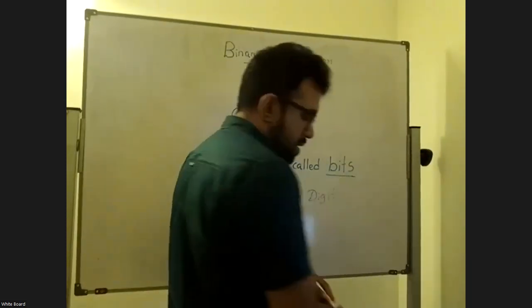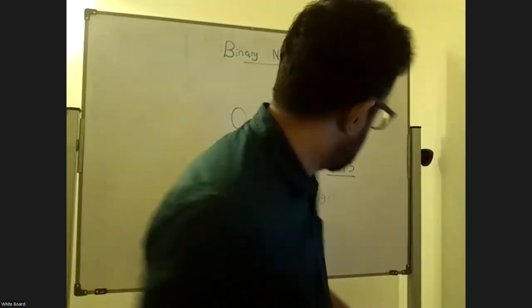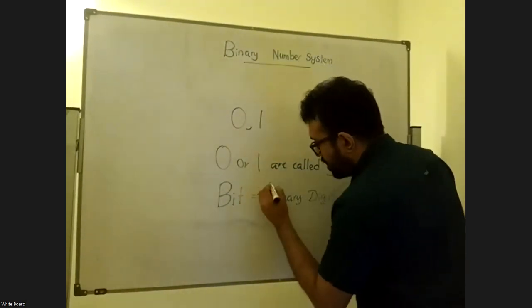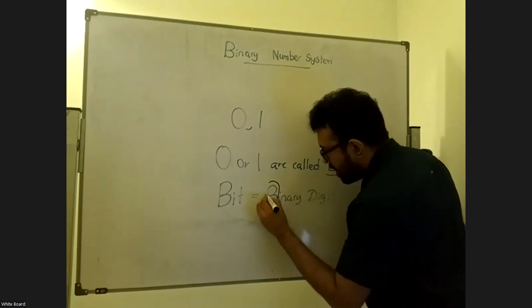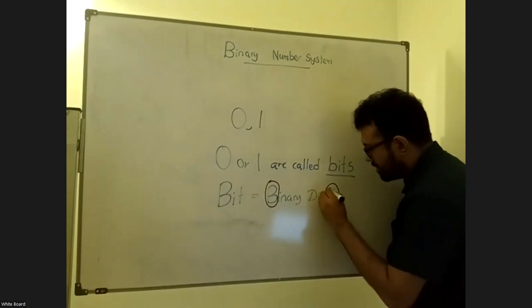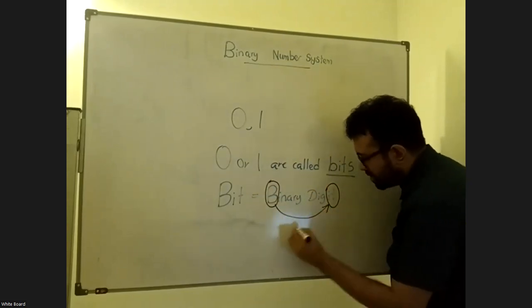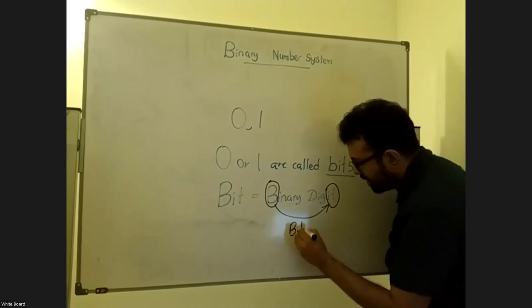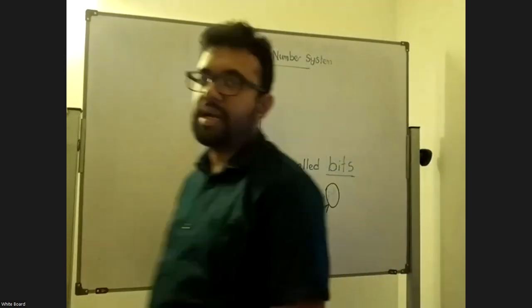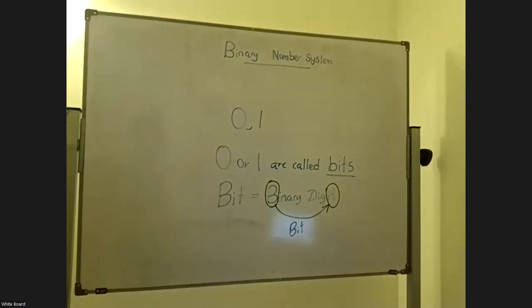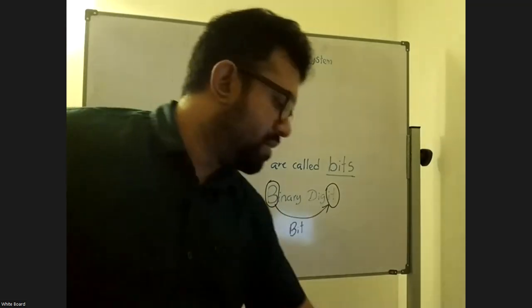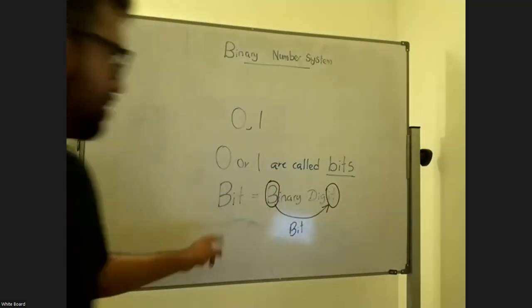So this letter B and the other part are combined together, so it forms BIT, bit, binary digit. So what is it? Okay, take this down as well.